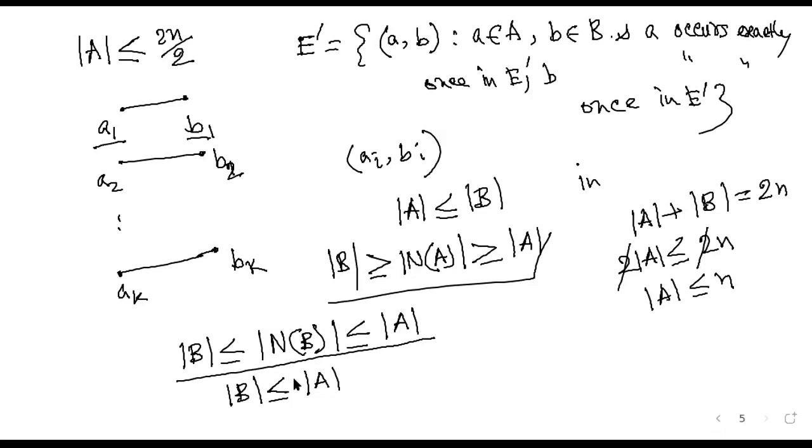So we have the cardinality of B dominated by the cardinality of A. Again, this. So from here we get that the cardinality of A and B are the same. Is that clear?